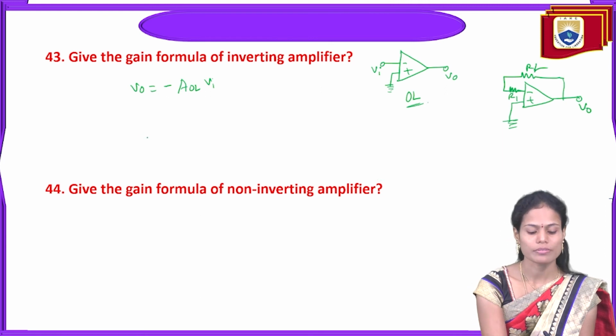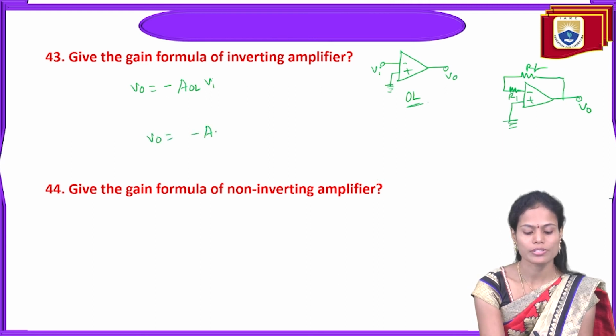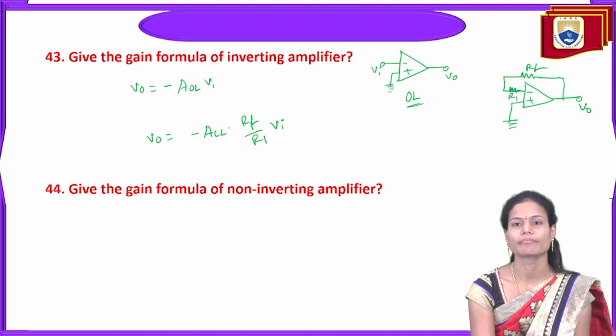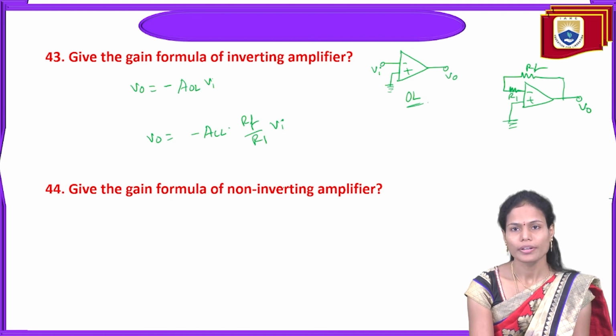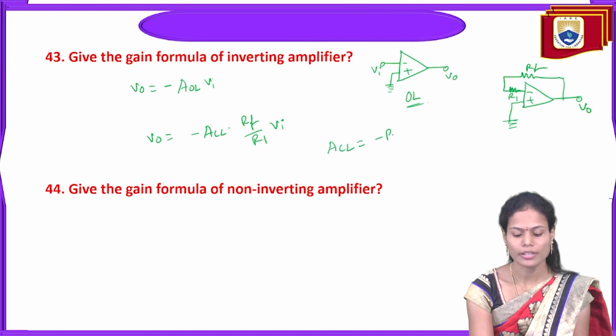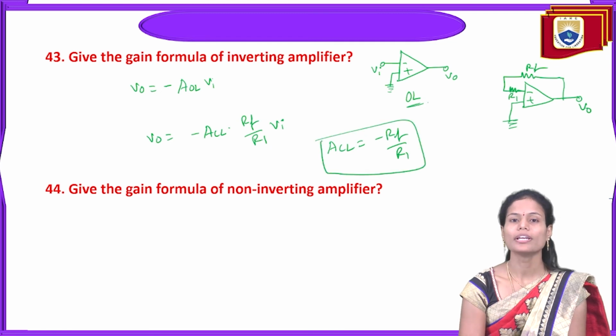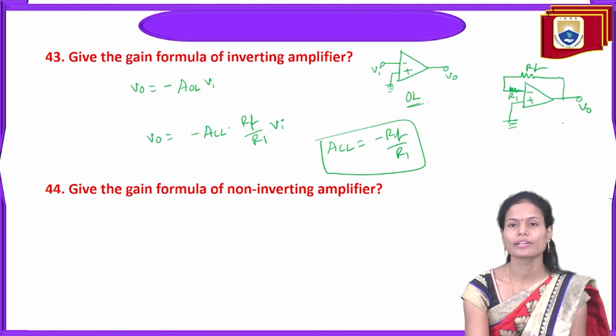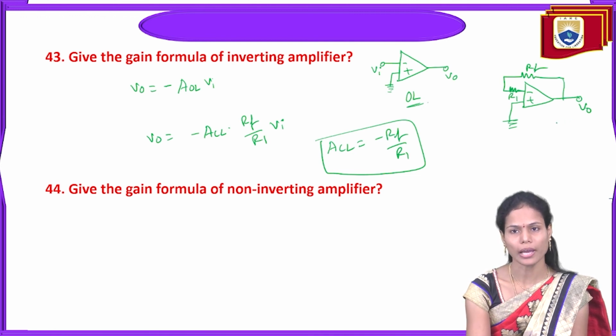In this case, the output voltage is minus the closed loop gain, RF by R1, times VA. So we can write the closed loop gain is equal to minus RF by RA or R1 in the case of an inverting operational amplifier, and we always get a 180 degree phase shift in the inverting operational amplifier.